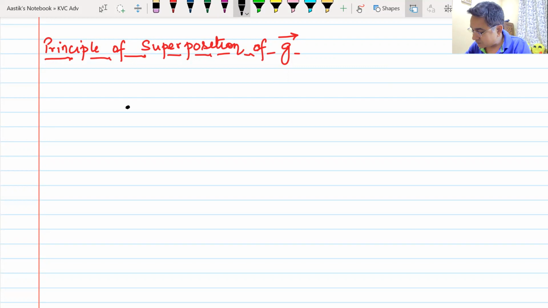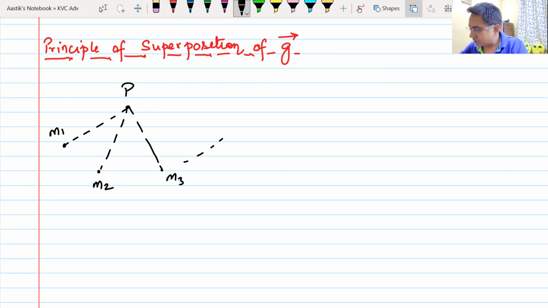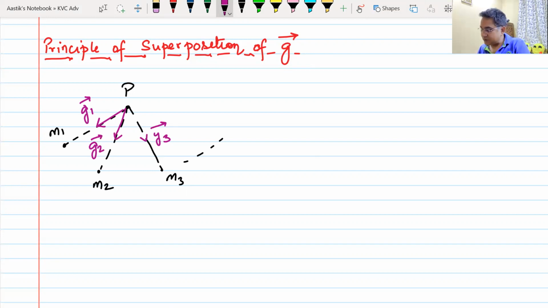So what is the principle of superposition? If you have a point P and more than one point masses M1, M2, M3, and so on creating their own gravitational fields G1 vector, G2 vector, G3 vector, and so on, what does the principle of superposition say?